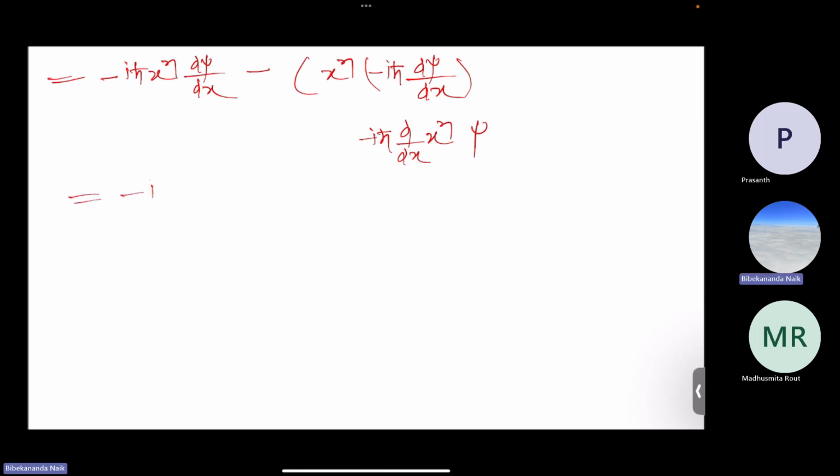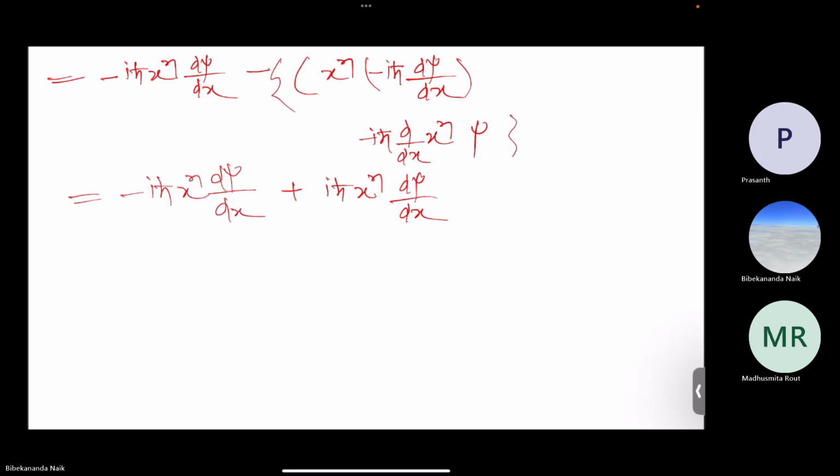Then it will be minus i h cross x to the power n d psi by dx, plus i h cross x to the power n d psi by dx, plus i h cross x to the power n minus 1 into n into psi.